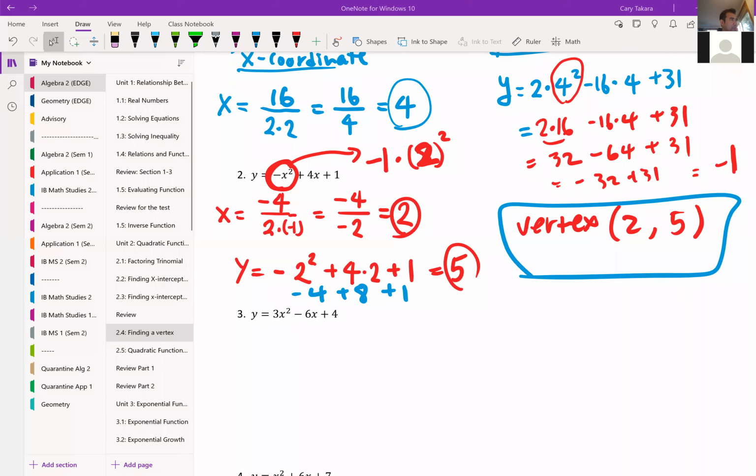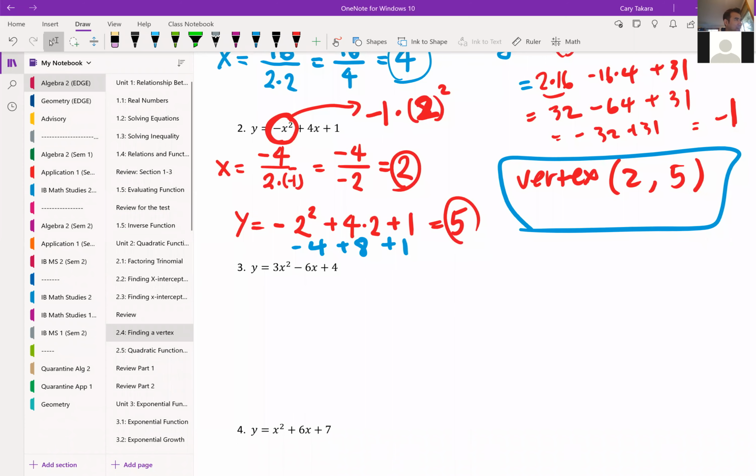Okay, we've got the same one again. Haley and Crystal, you've got the same coordinate. Nice job. Just 2 of you, so at least I know 2 people are working on it, or maybe more.